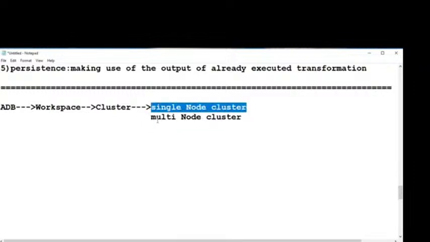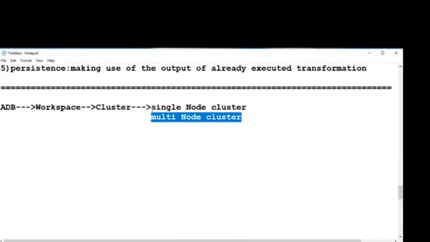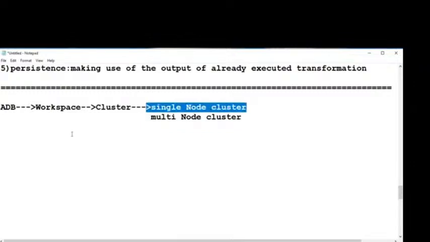Later, sometimes I'll show you the multi-node cluster. In this Spark, we are working with PySpark SQL. If you are working with Spark related or PySpark SQL.